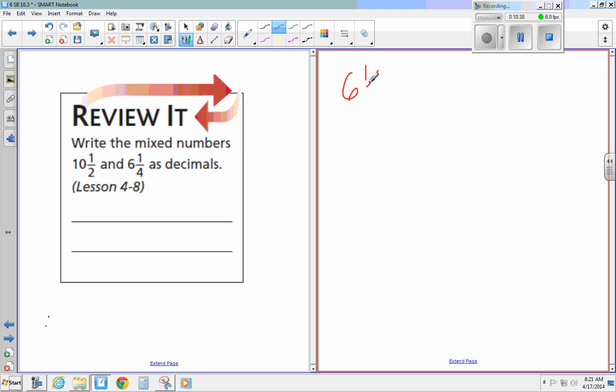6 and 1/4. Let's pretend we don't know what 1/4 is equal to. So we actually have to say how many times does 4 go into 1? It doesn't. So it goes in there 0 times. So we drop down, annex a 0. 4 goes into 10 twice. That's 8.